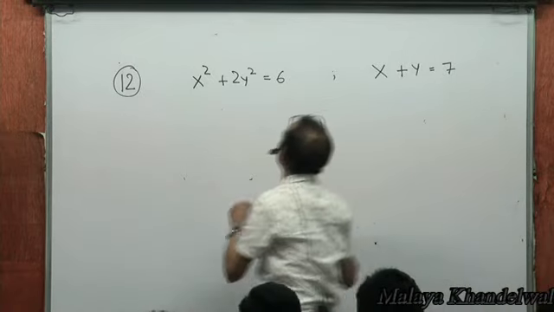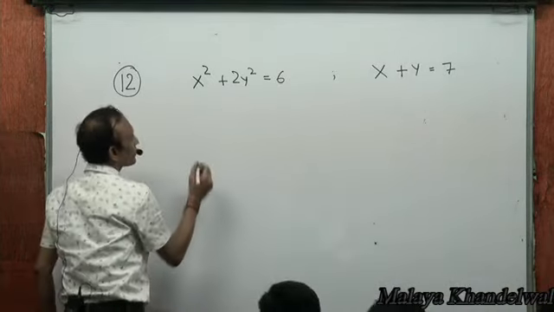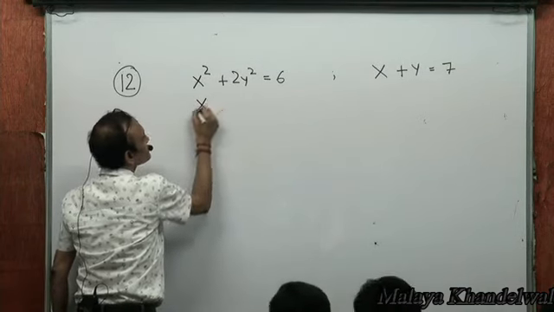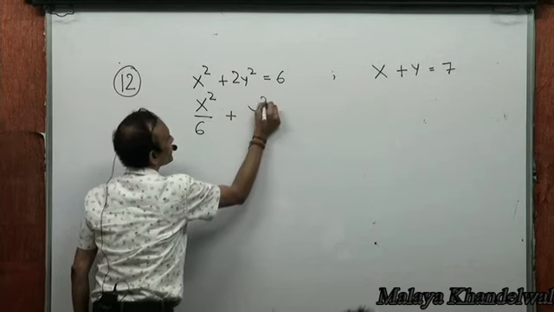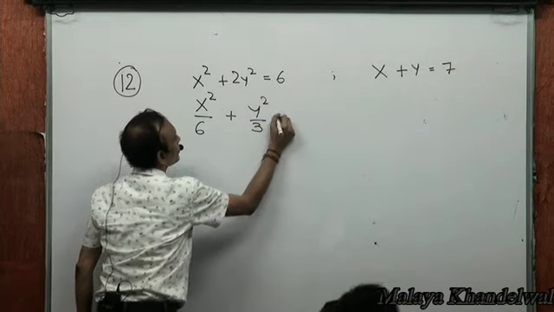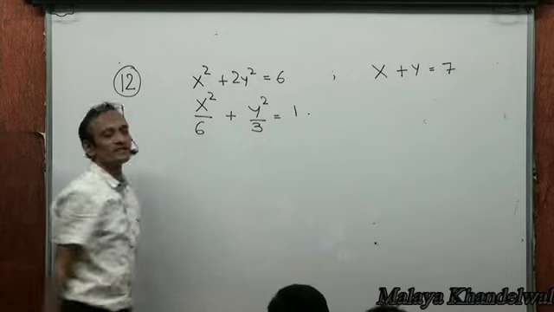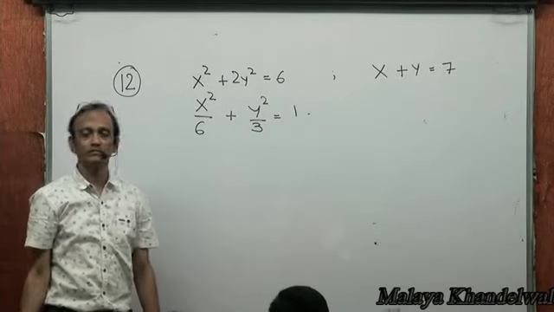Now, this curve, as you can see, is an ellipse. x squared by 6 plus y squared by 3 equal to 1, right?